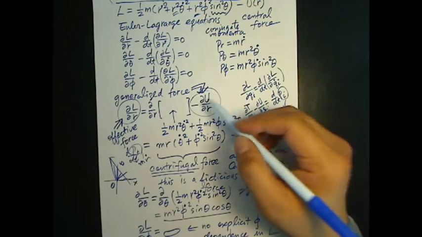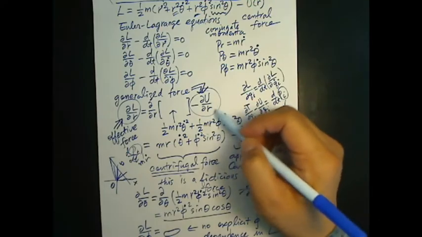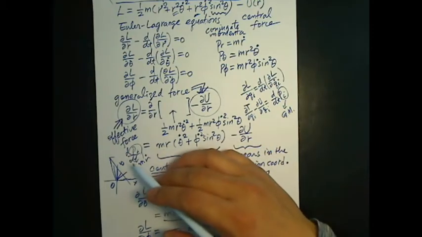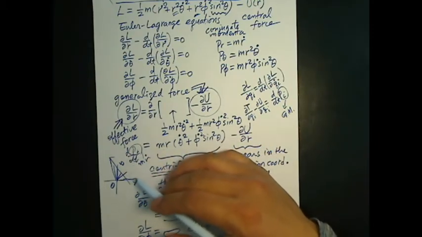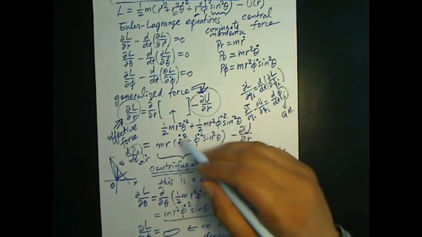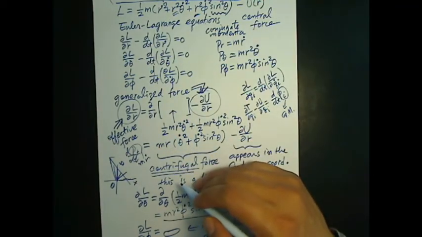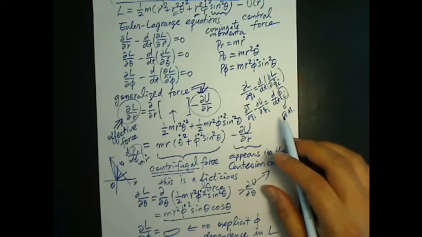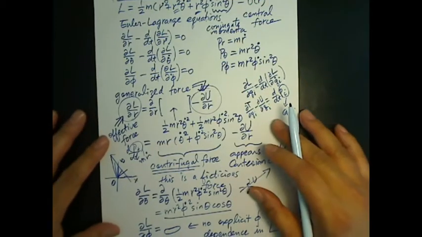The actual force is only this one, coming from the potential energy. The force-like contribution coming from the coordinate system structure is called fictitious force or inertial force. This is the centrifugal force. All right.